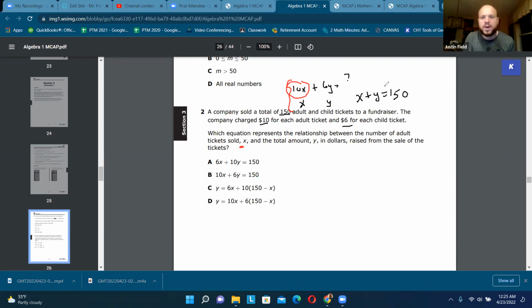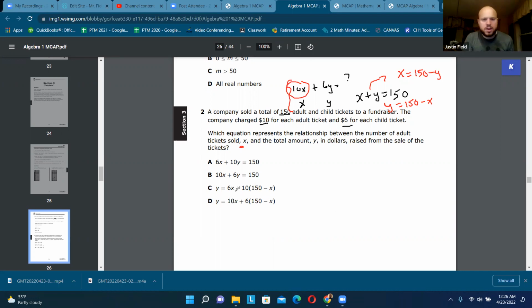And then X plus Y. So if we rewrite this in terms of adult tickets, we would have 150 minus Y. Well, Y equals 150 minus X.